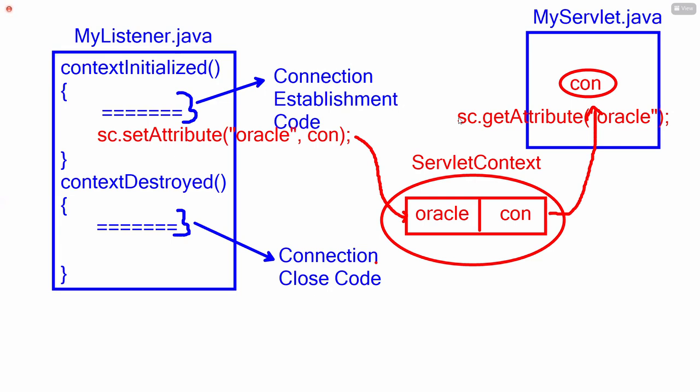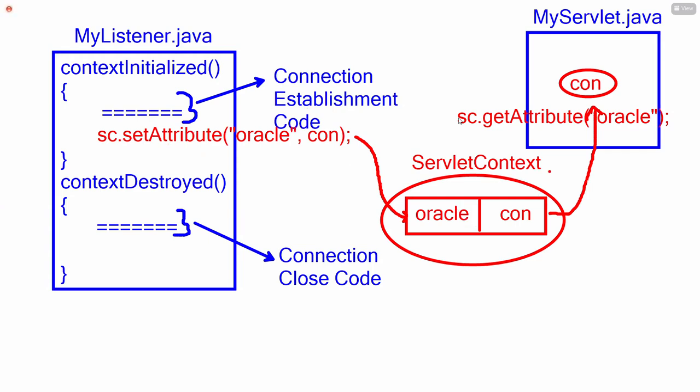Is it completed? Say, when the servlet context is created, whenever the application is deployed, context created, then an event is generated, that event is received by this method, the body is executed, the connection is established, and that object is placed here.